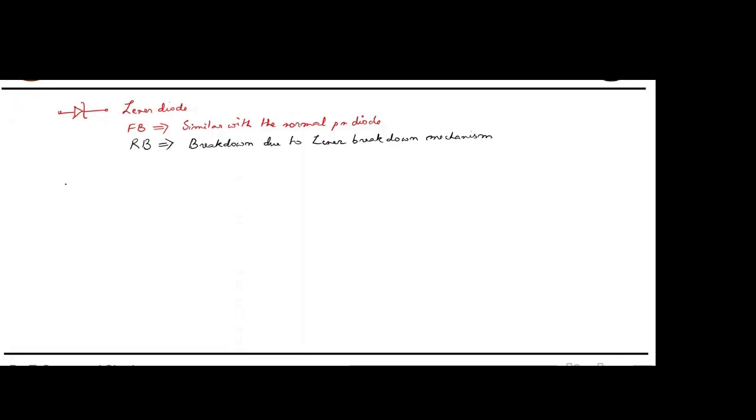Now, if you see the normal IV characteristic, suppose this is the normal PN diode, but in the case of a Zener diode, the breakdown will be at a lower voltage like this.